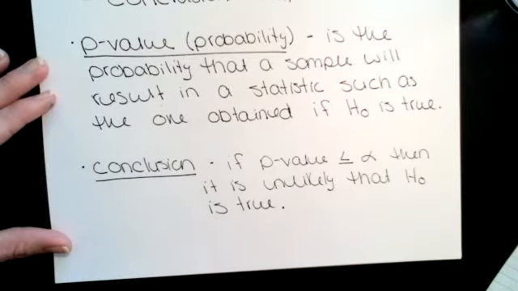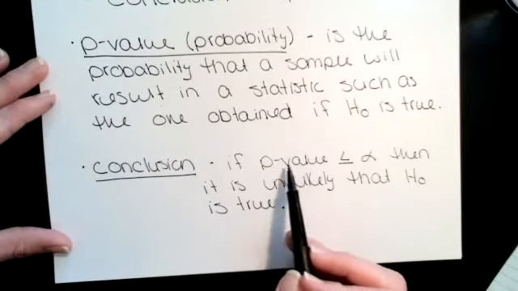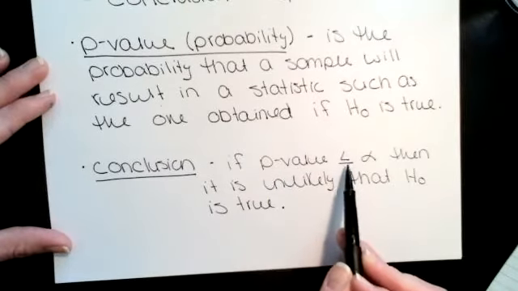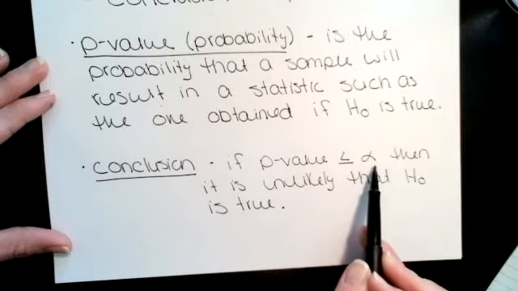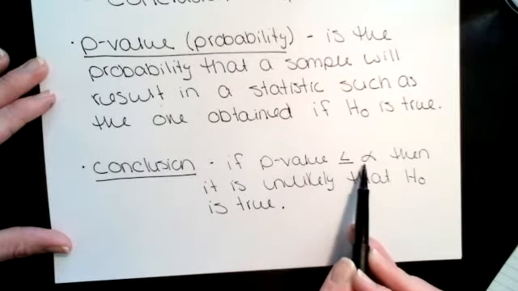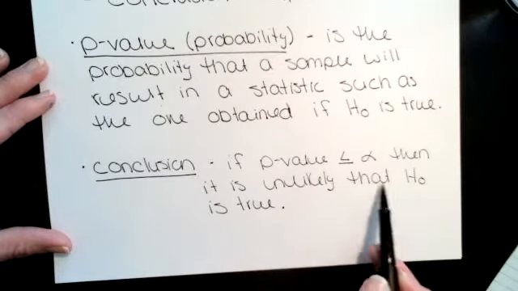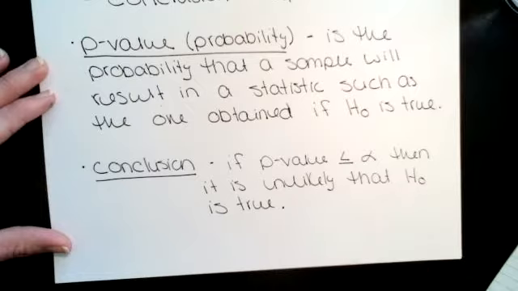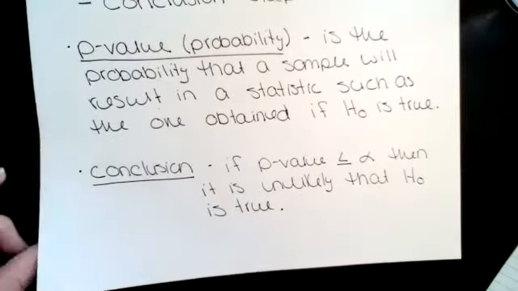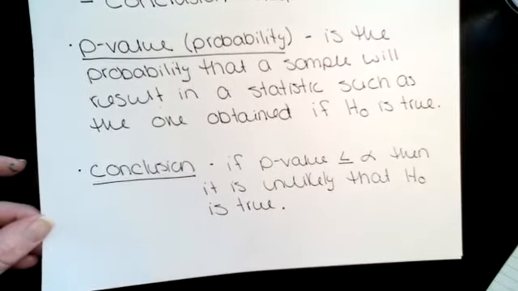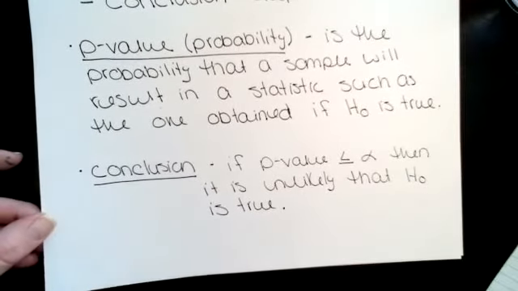My first sample is far from the null, far from the center. I'm going to have a small probability. And if it's small, it's probably going to be less than my alpha. Remember, that's my level of significance, that 5% or that 1%. And if it is smaller, then it's unlikely that the center really is the null. That's probably not true. That's the idea behind the hypothesis testing in the conclusion.